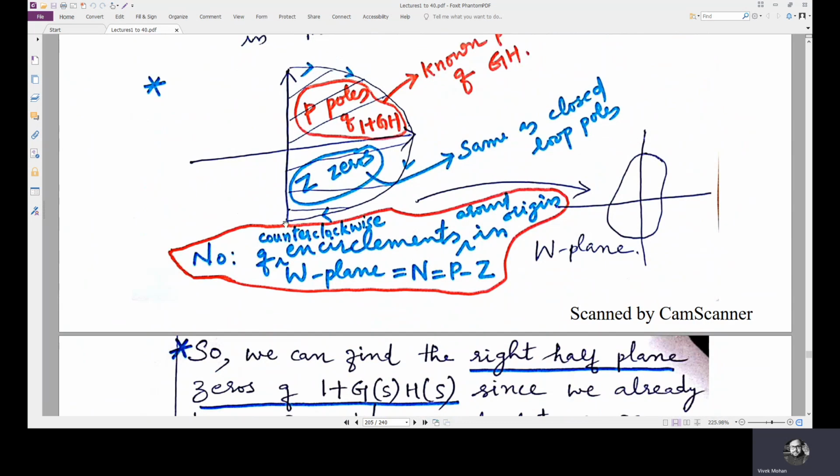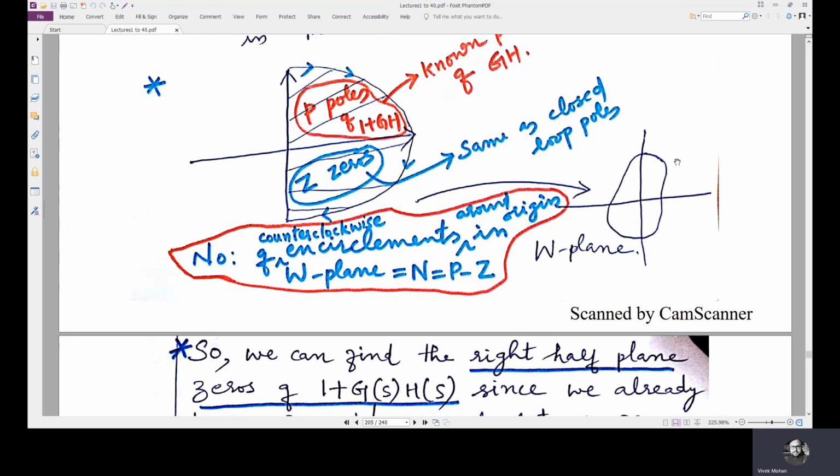Now, how do we find the number of counterclockwise encirclements around the origin? When will we get counterclockwise encirclements and when will we get clockwise encirclements? We get clockwise encirclements for zeros and counterclockwise encirclements for poles.